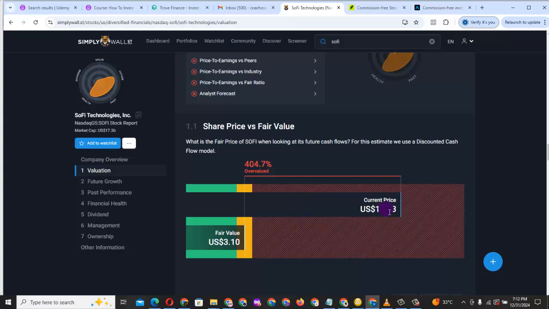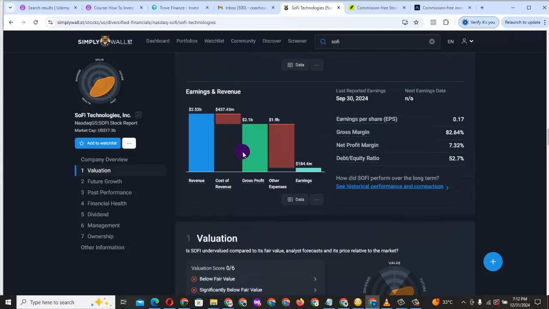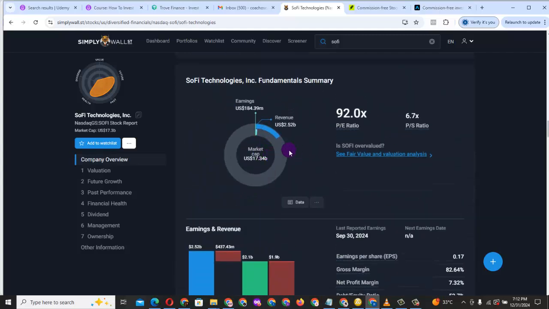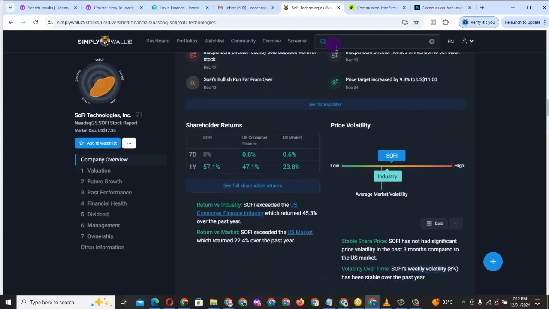So it's trading higher. There's possibility that this particular stock is going to drop down to $11. Yes, right now it is 404.7% overvalued. So I don't encourage anyone to buy this particular stock because it's already trading above its intrinsic value.